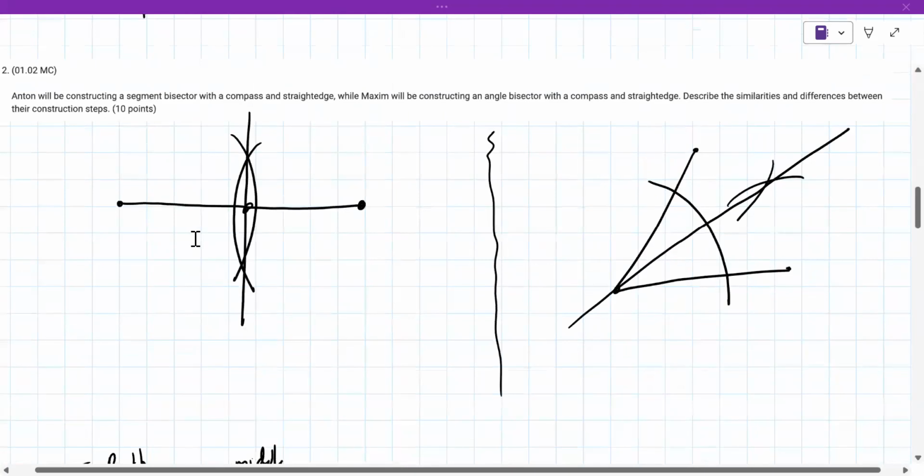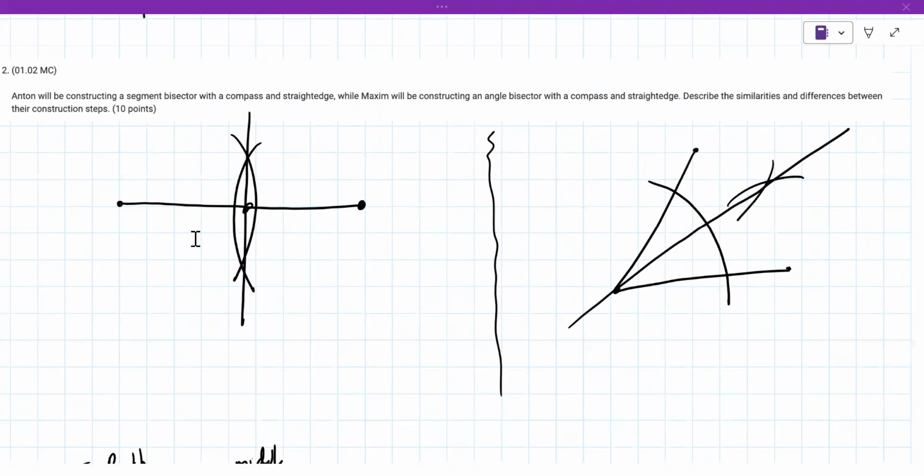So going back to number 2, the difference between angle bisector and segment bisector. One of the similarities is that they're finding the middle and there are two congruent parts.